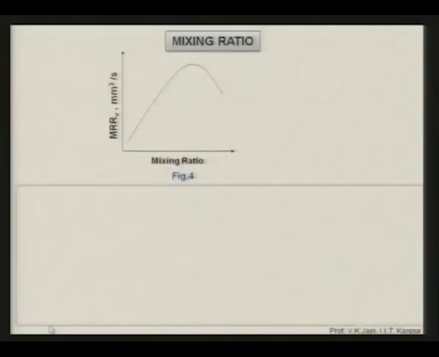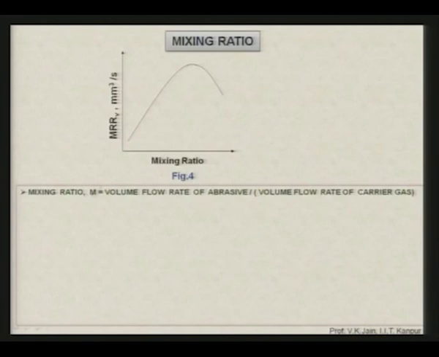Then there is another parameter, that is the mixing ratio. Mixing ratio m is given by the volume flow rate of abrasive particles divided by the volume flow rate of carrier gas. This decides the mixing ratio, and you can see as the mixing ratio increases, the volumetric material removal rate in cubic millimeter per second is also increasing, and there is an optimum value beyond which it starts decreasing.